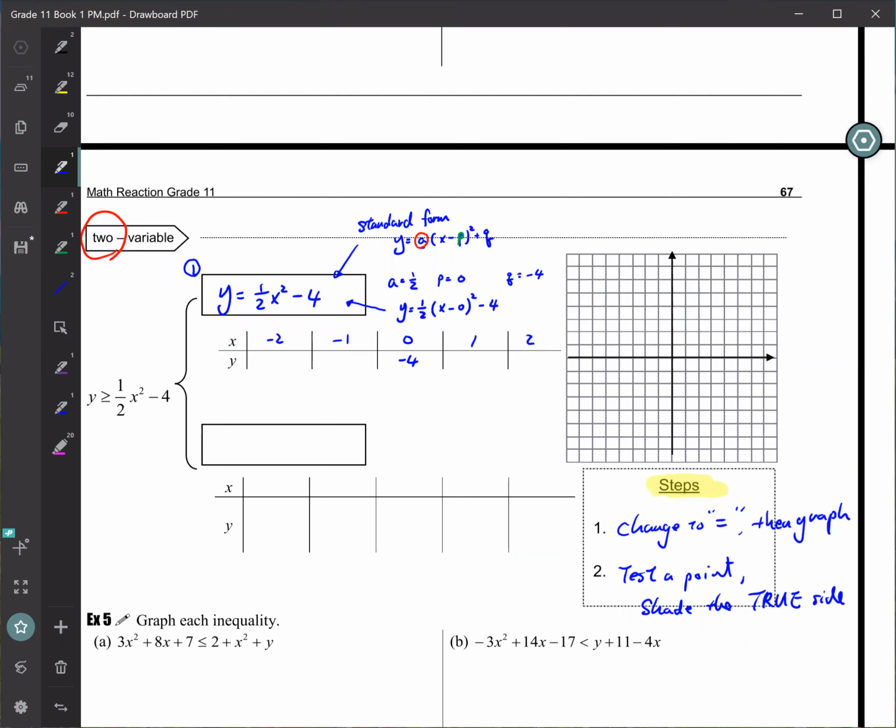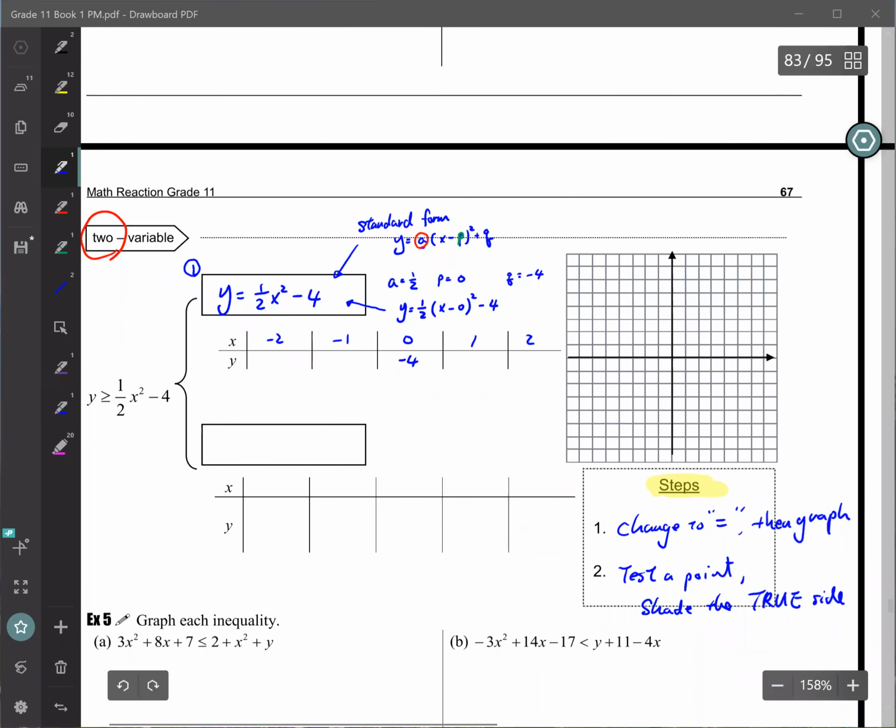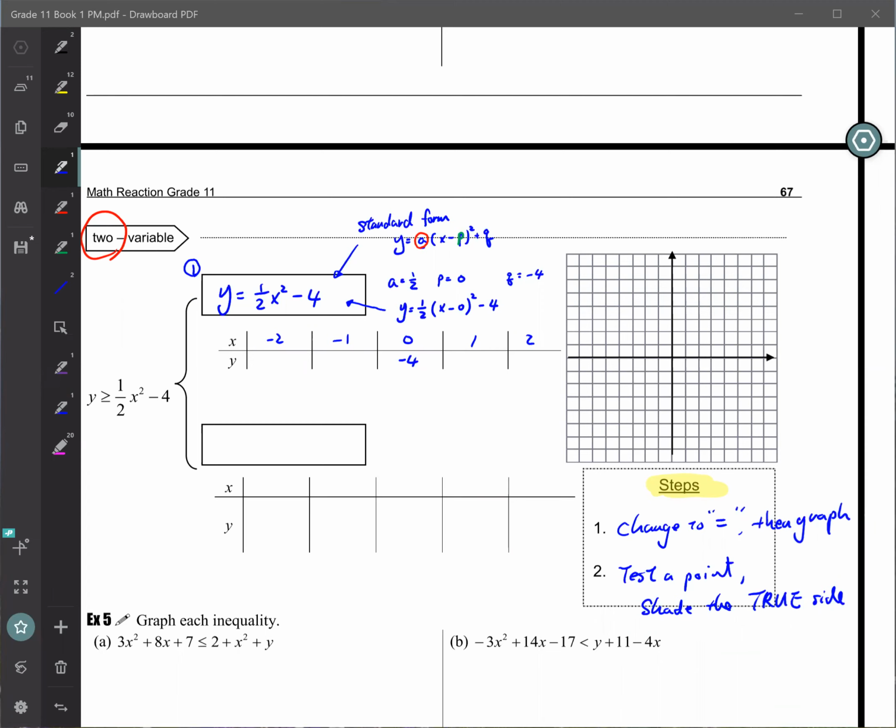Okay, let's complete the table. Chris, can you tell us what values you got on the table? For -2, I got -2. For -2, you got -2, and for -1, -3.5. Okay, so the other side should be symmetrical, right?